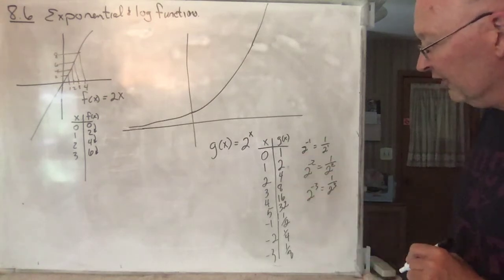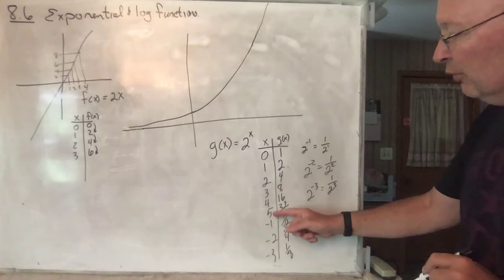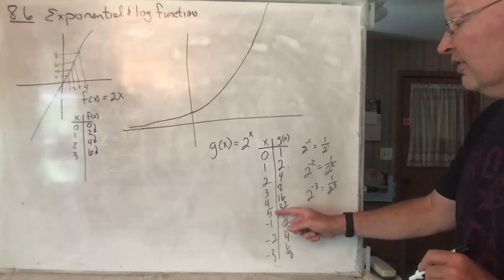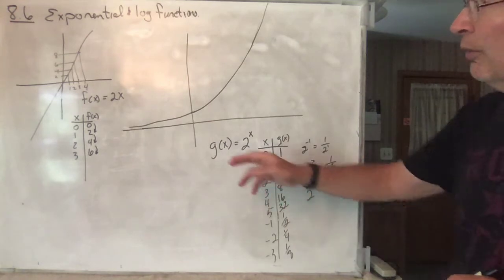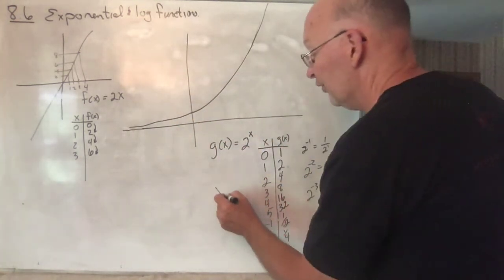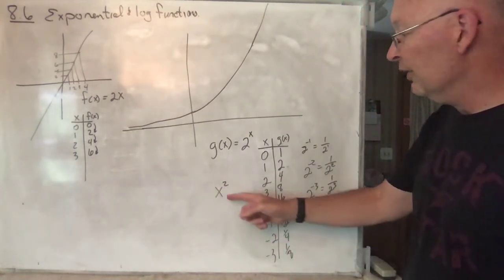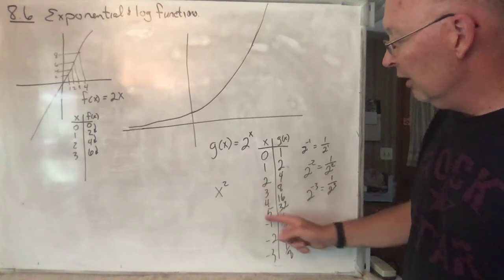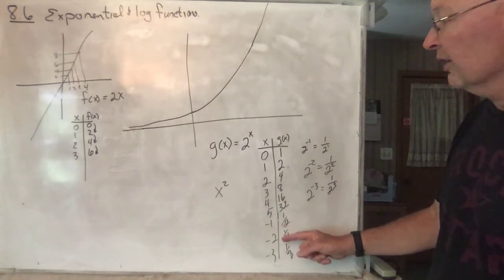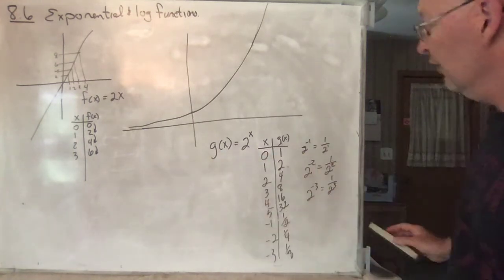Notice how fast this grows. 2 to the 5th is 32. 2 to the 6th is 64. 2 to the 7th is 128. It not only grows much faster than 2 times x, it also grows much faster than x squared. If you put in 10 for each of these, 10 squared is 100, but 2 to the 10th is over 1,000. It's 1,024, and it only keeps getting bigger and bigger after that. So it grows very, very fast.